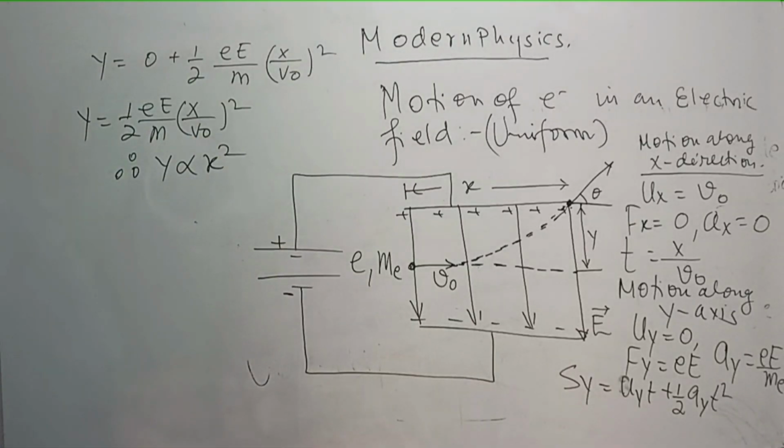So y is proportional to x square. y is proportional to x square. This simply means that the path is parabolic.